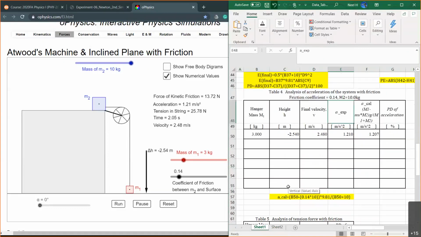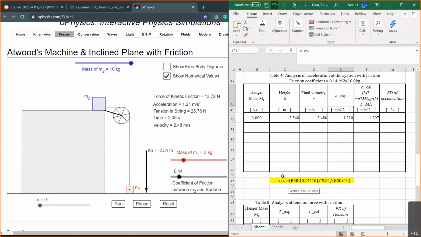Okay. Question. Okay, then let's continue. Second one, the second data set, 4 kilogram.